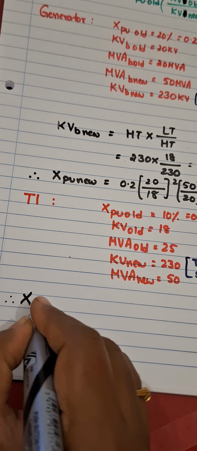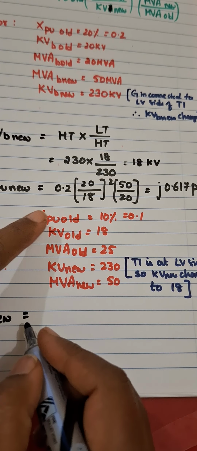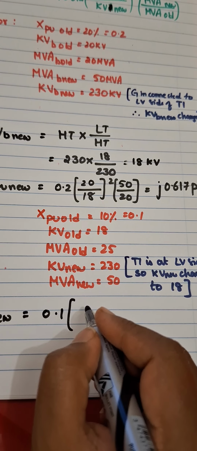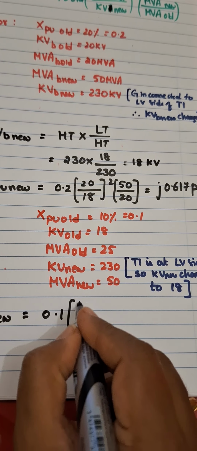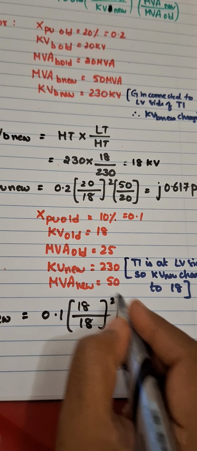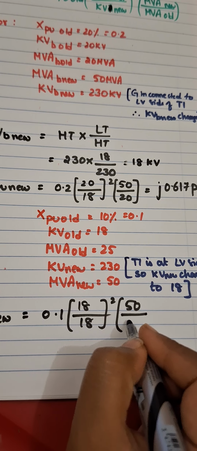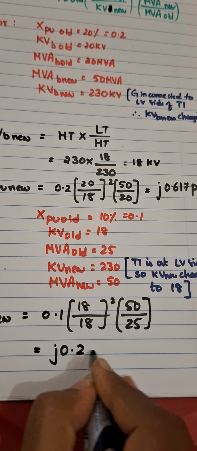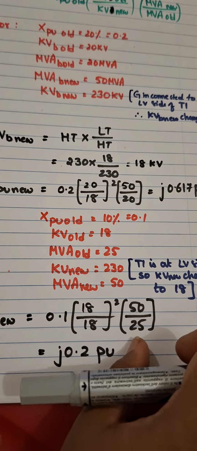X PU new is equal to X PU old, which is 10%, means 0.1, then kV old is 18, kV new also 18, whole square, into MVA new 50 and MVA old 25. If you calculate this, you will get 0.2 per unit. So we are done with the transformer calculation.